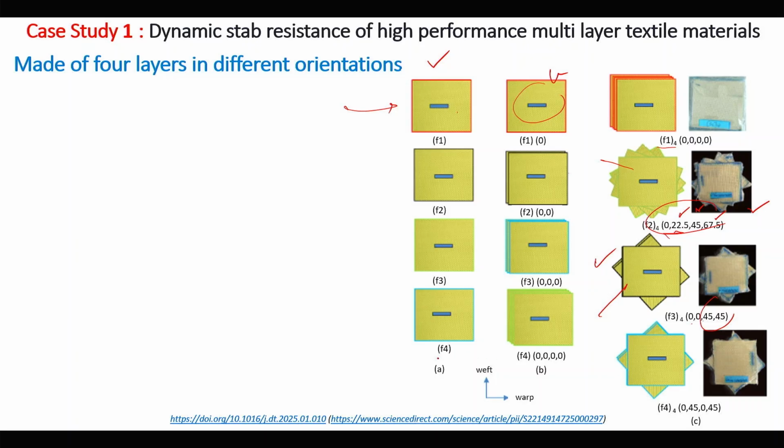And the fourth one, here it is F4: the first one is 0°, the second one is 45°, the third one is 0° again, and the fourth one is 45° again. So, here again we can see different types of combinations.